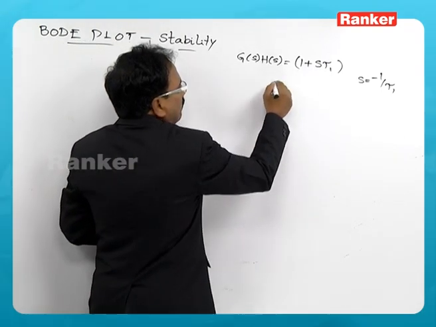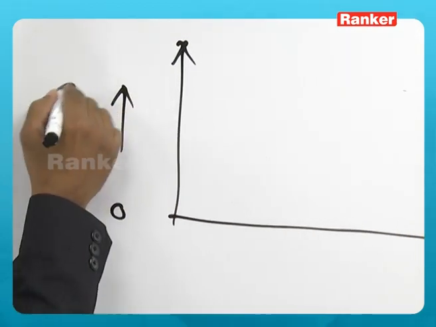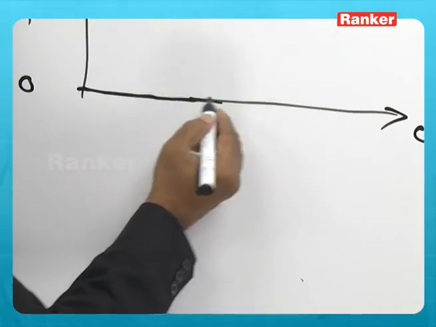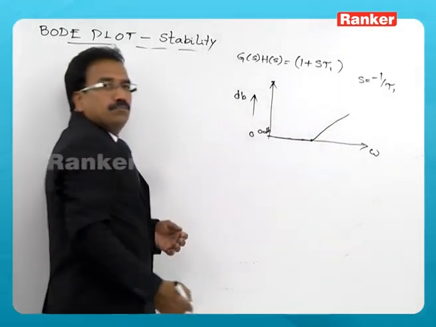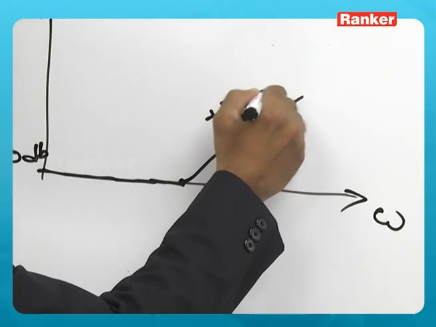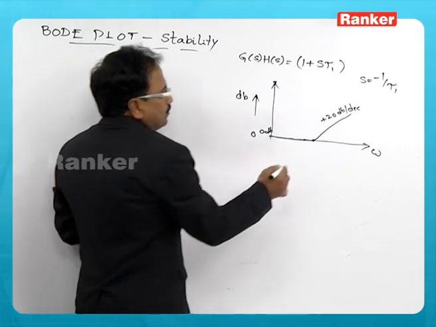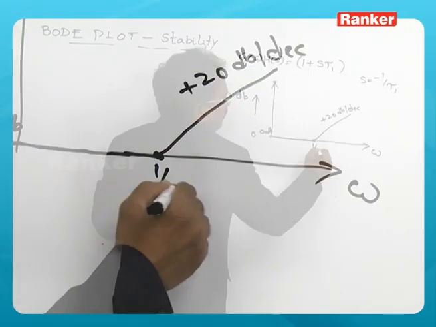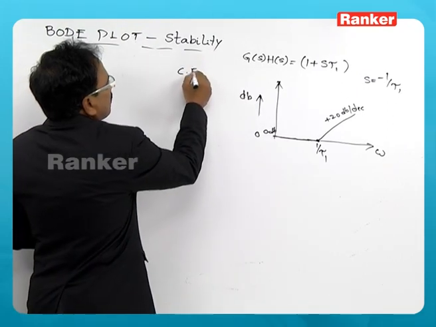That means it starts at 0 dB, then at some point it changes with a slope of plus 20 dB, because it is a 0, and the slope actually begins again at the corner frequency, 1 by tau 1.